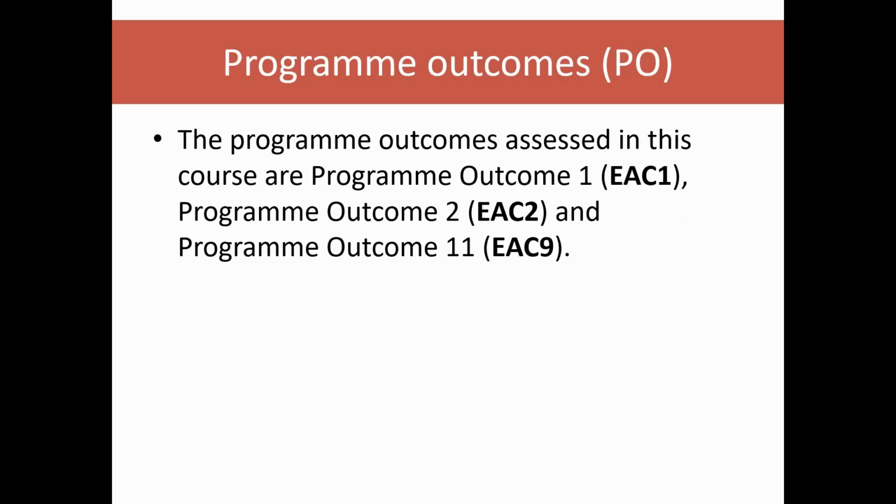competency of this course. In terms of the program outcomes, this course will be assessed in terms of 3 program outcomes, which are EAC1, EAC2, and EAC9. This is just a refreshment. If you still remember, during your first semester orientation, the academic coordinator of the department already briefed you about all of these program outcomes.